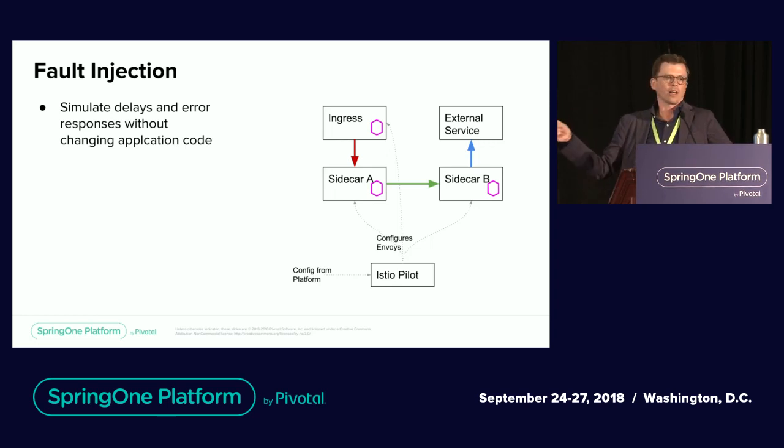Rather than causing that service to fail, I can tell the service mesh to introduce a simulated failure, a timeout, or a response HTTP status code of some kind. And the sidecar for my service can return that error without a request ever being made to the real destination.